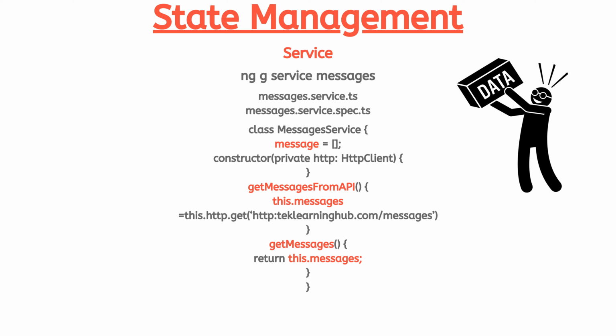This is not accessible anywhere unless you inject this service and call that method, you don't get the data, but it is still held in the service itself until you clear the data.